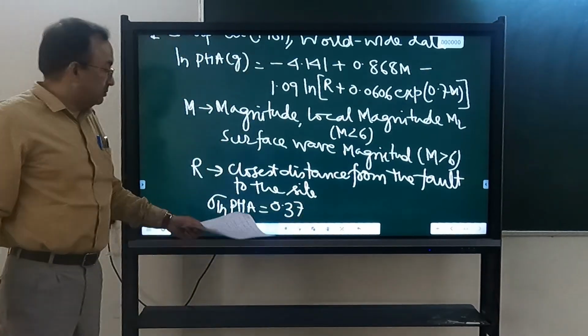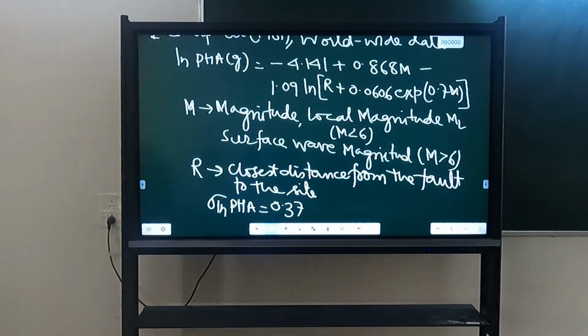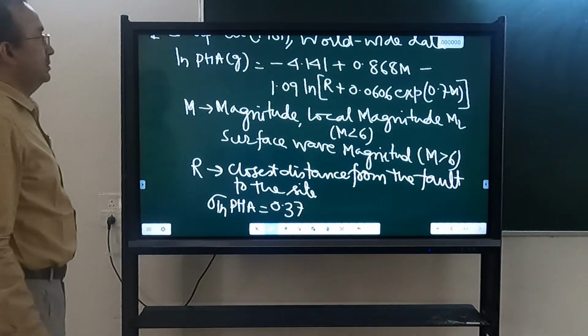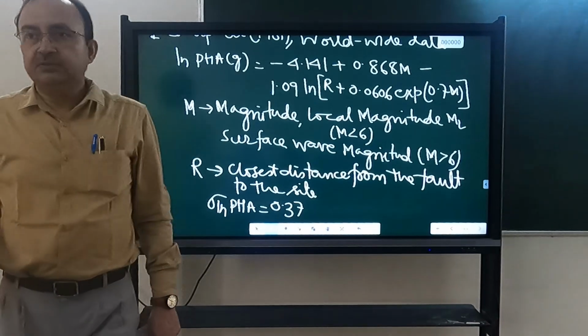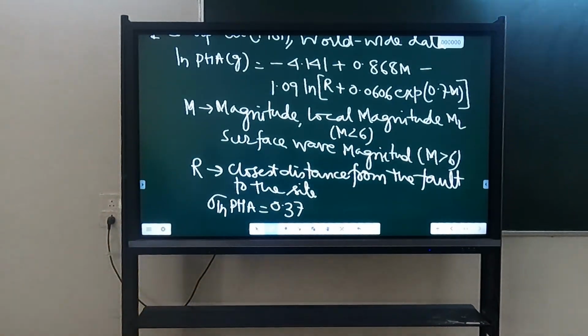I will tell you later what is the utility of this. This value of sigma will be used. So if you know magnitude and distance, you can calculate. Now look at our tutorial number 4, question number 6.